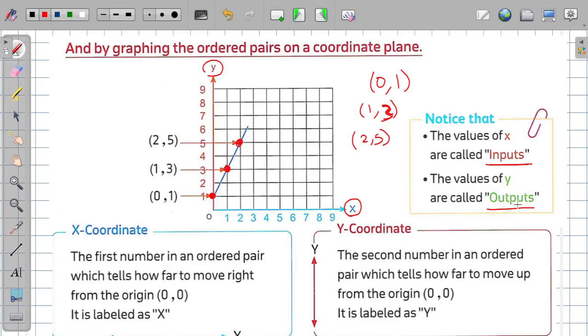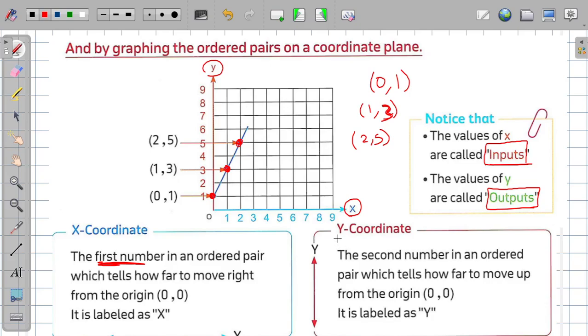So if you see the definition of inputs, you will know that they are the values of x, and if you see the definition of outputs, you will know that they are the values of y. Okay, so the inputs, or the x coordinates, are the first number of the ordered pair.